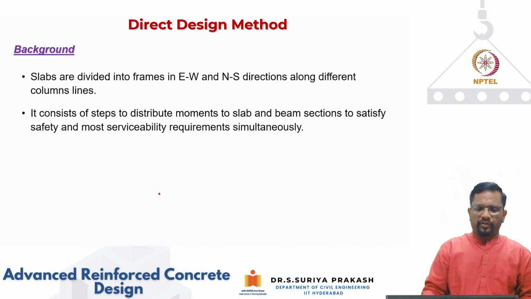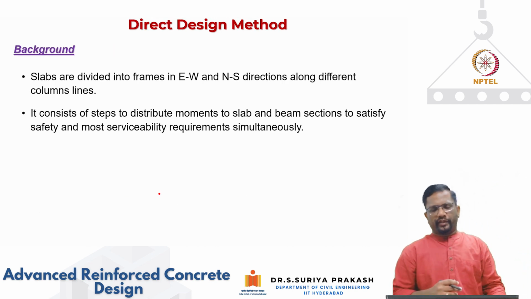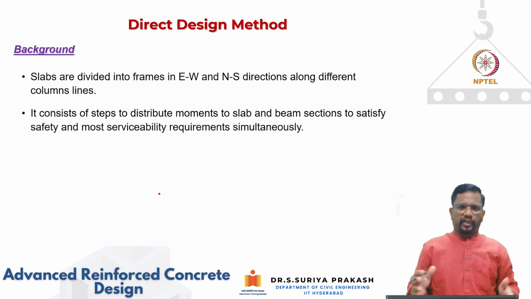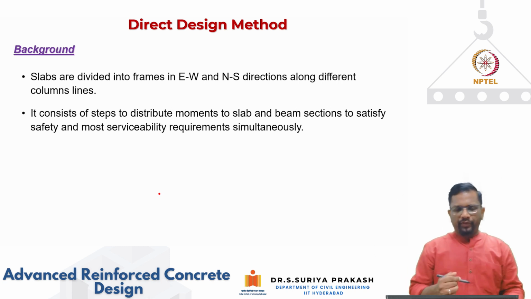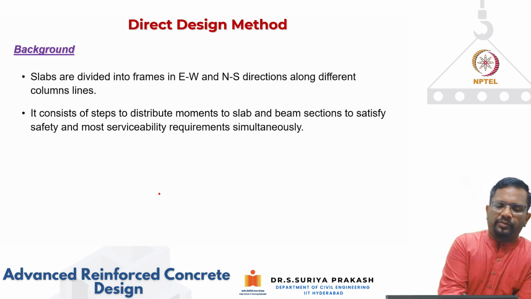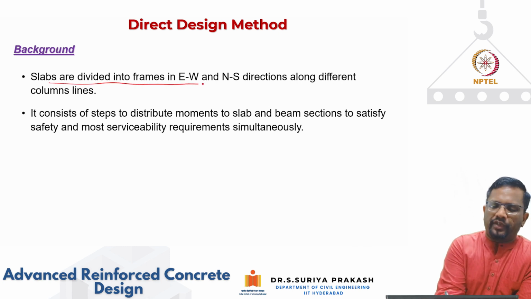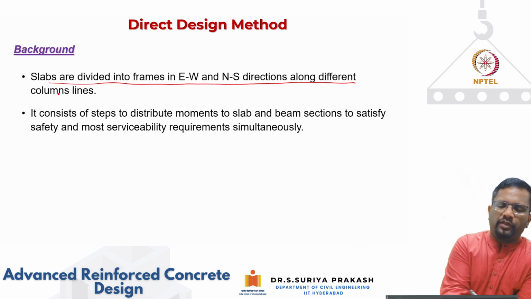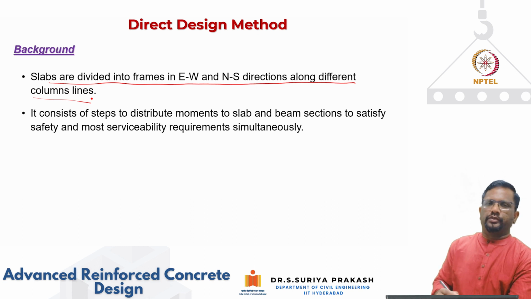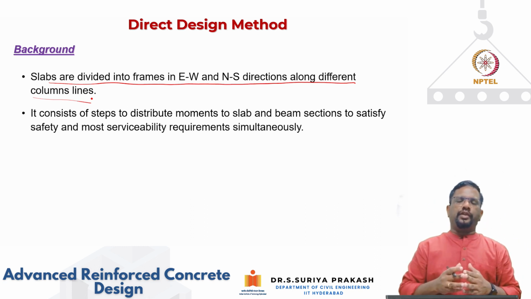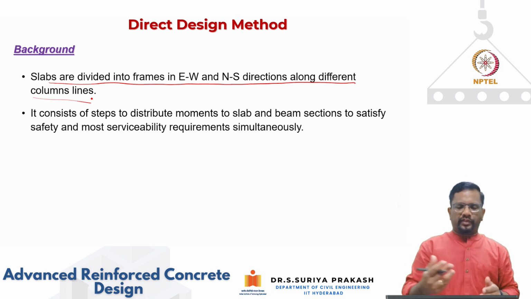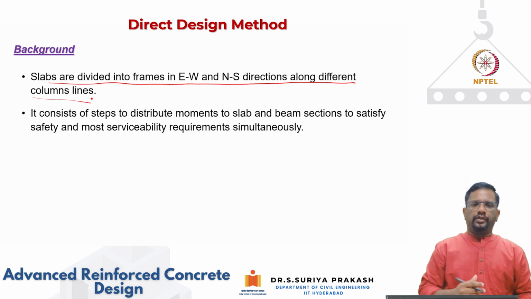Okay, let's look at the background. What do we do in this direct design method? You have a two-way slab building, with two-way slab systems with different column and beam layouts. What we do is divide the slabs into frames along the east-west and north-south directions along different column lines. So you divide them into different frames in the north-south direction as well as in the horizontal direction, that is your east-west direction.